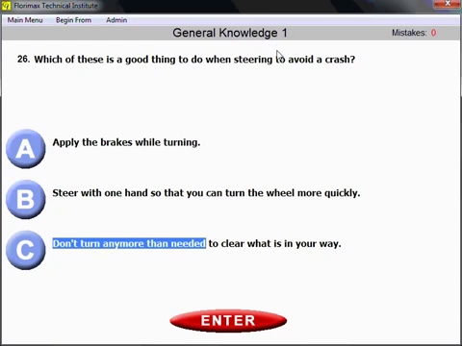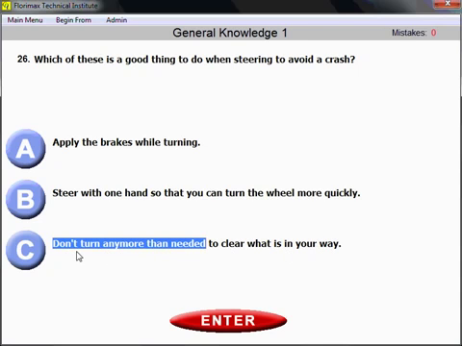Even in an emergency situation, even if you need to react immediately to avoid a crash, please be very cautious. Remember that you should not turn any more than needed to clear what is in your way.